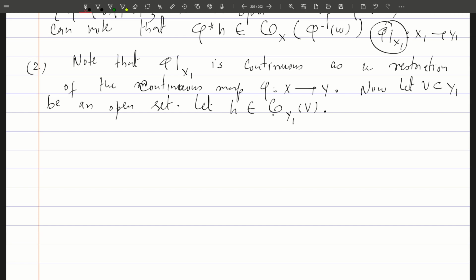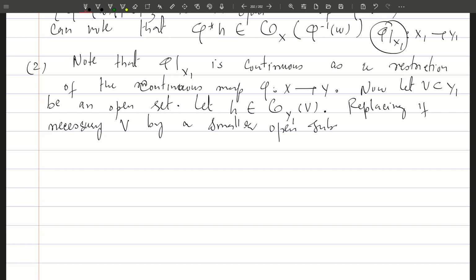The reason is that being a regular function is a local property. So, replacing, if necessary, v by a smaller open subset, we can assume, note that we can always write a regular function as a quotient of two polynomials where the denominator is a non-vanishing polynomial.